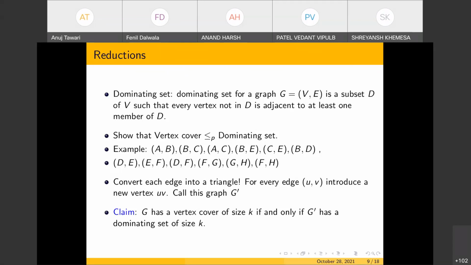What we are claiming is that G has a vertex cover of size K if and only if G prime has a dominating set of size K. So we have to prove both directions. We want to show that if G has a vertex cover of size K, then G prime has a dominating set of size K.